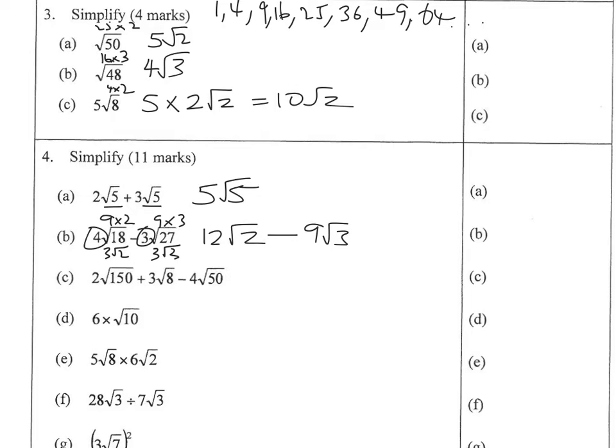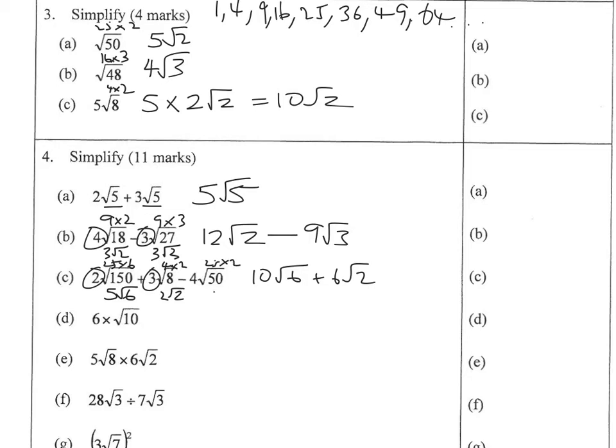Okay, 150 is 25 by 6, so that will be 5 root 6. Times by 2 gets us 10 root 6. 8 is 4 by 2, which is 2 root 2. Times by 3 will get us 6 root 2. 50 is 25 by 2.